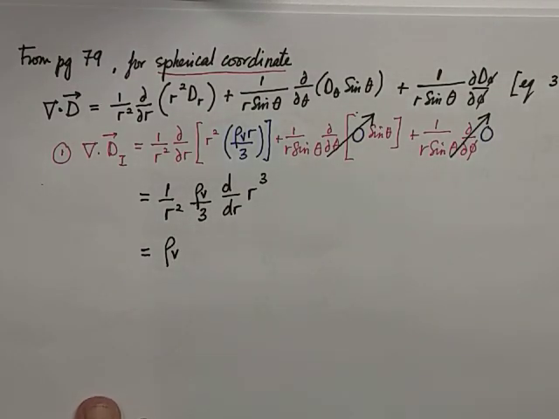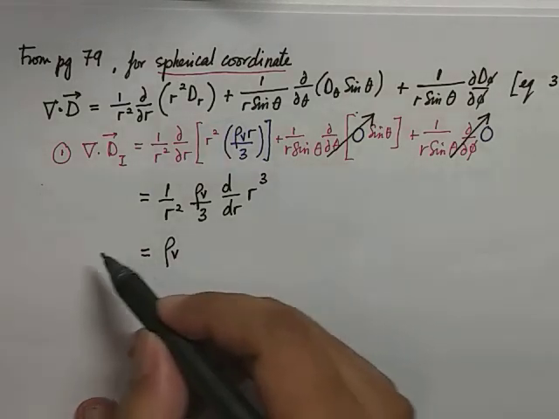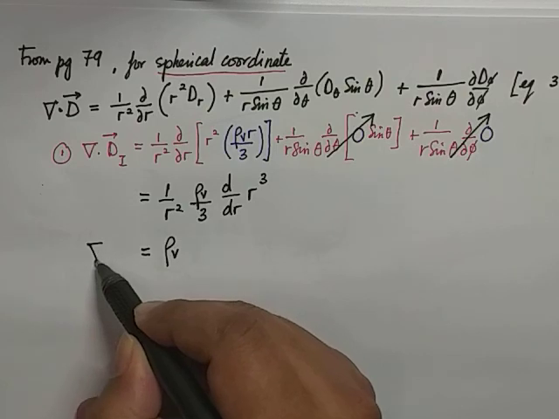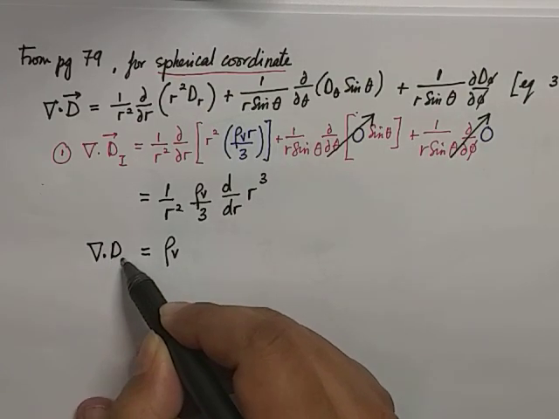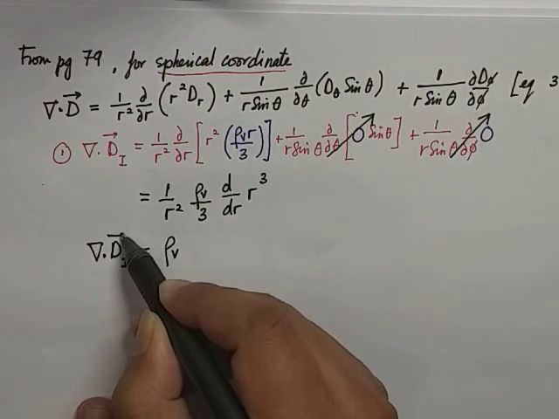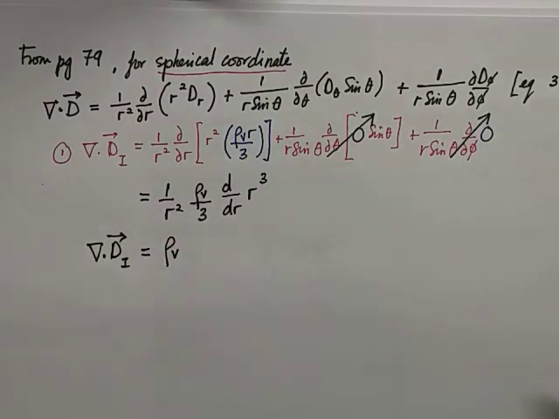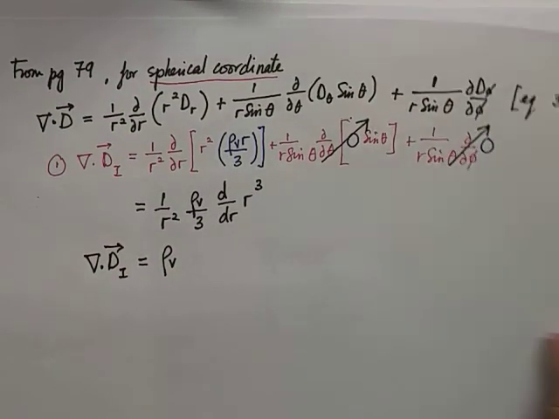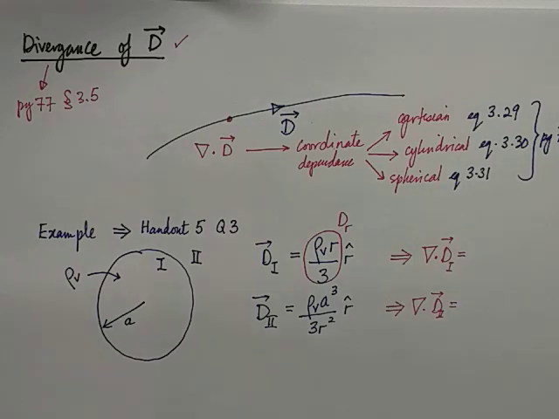That should be the final solution of our mathematical model of divergence for the field in region number 1. So we can conclude that the divergence of D1 is equal to rho v. Let's look back at the model.